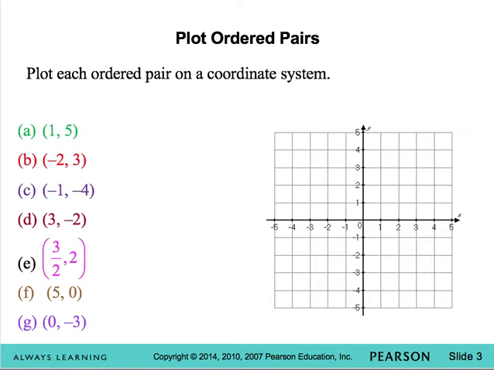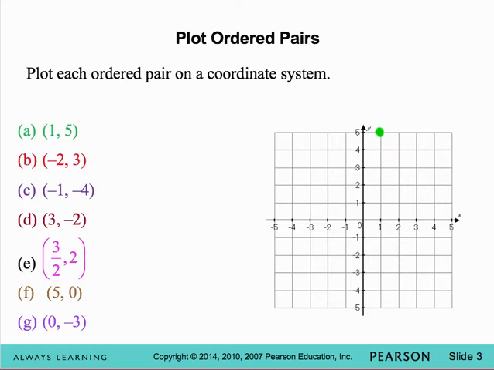Plot each ordered pair on a coordinate system. Let's see if I can match those colors a little bit. A, x is 1, y is 5. So if x is 1, I go over 1, and then y is 5. There's where that point would be.